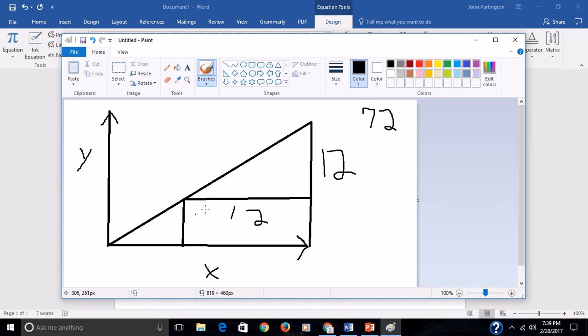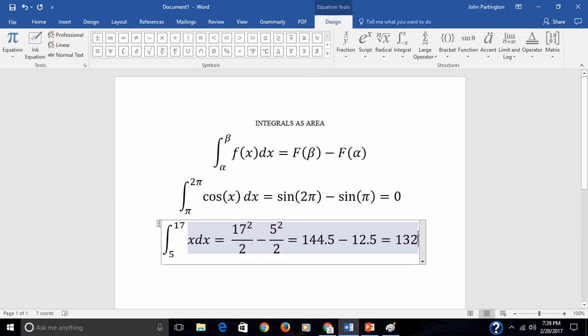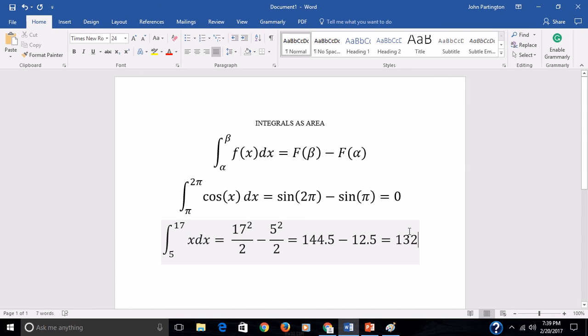Now we have this rectangle, which is 12 by 5, because we know this point's going to be 5 high, which is 60. 72 plus 60 is 132, which, what a surprise, is the value that we got from this integral.